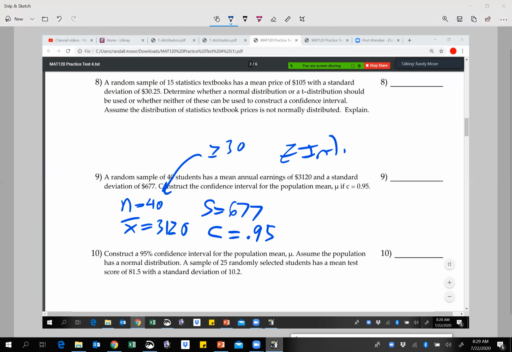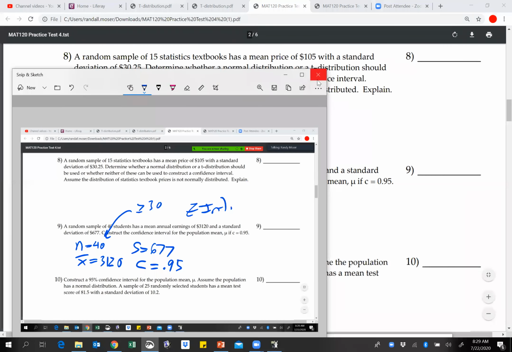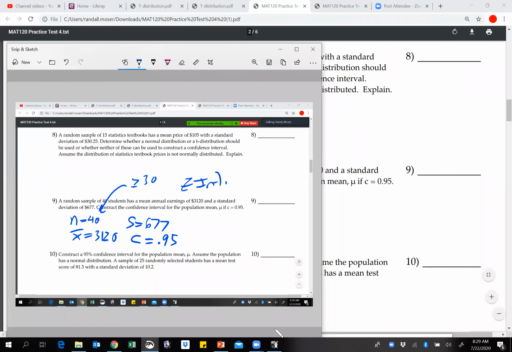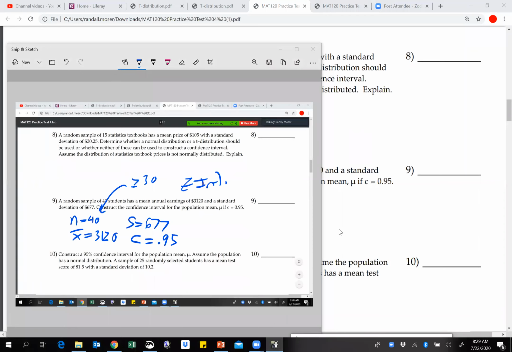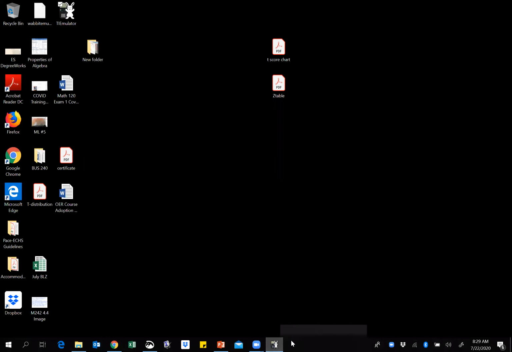So I'm going to go to my calculator. There it is.